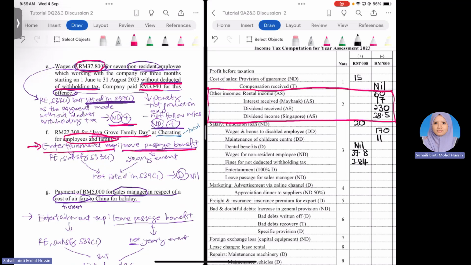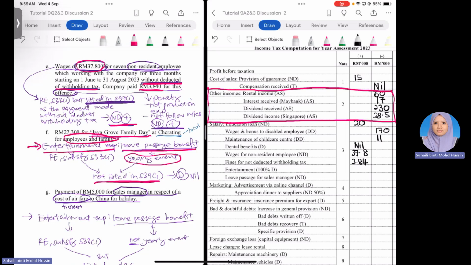So we can consider this leave passage benefit as a yearly event. We know that entertainment expenses satisfy section 33 subsection 1 revenue expenditure, and this entertainment expense is part of a leave passage benefit for a yearly event. For a yearly event, this item is not listed in section 39 subsection 1.